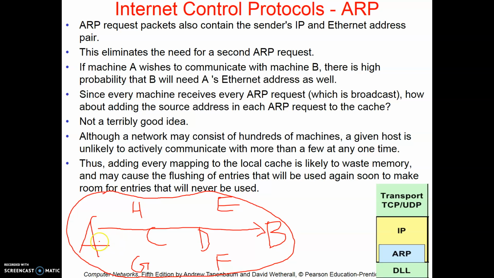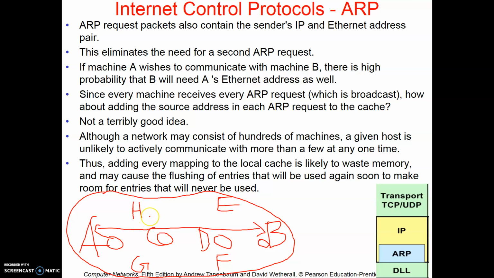So what happens is, if A wants to send the ARP request, only those hosts which are part of the communication, B, C and D, can store the corresponding IP address and Ethernet address of the communicating devices inside the cache. But since E, F, G, H are not part of this communication, they do not need to store the corresponding IP address and Ethernet address.